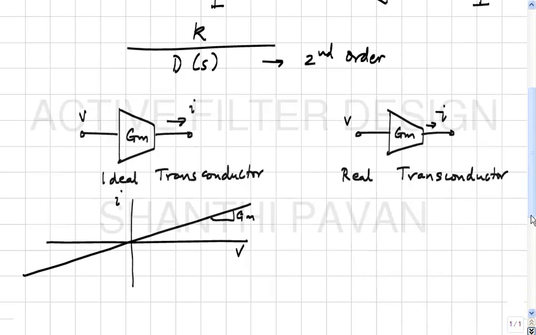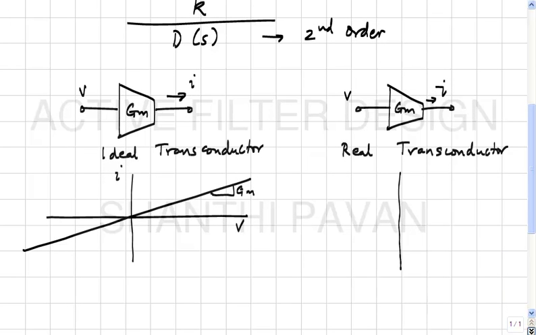When you have a real transconductor, what do you expect to happen? What happens is that, simplistically speaking, one can expect a finite range of voltage beyond which the current is no longer related linearly to the voltage. Okay. The exact nature of this dependence will depend on the way transistors are arranged inside the transconductor in order to realize this functionality.